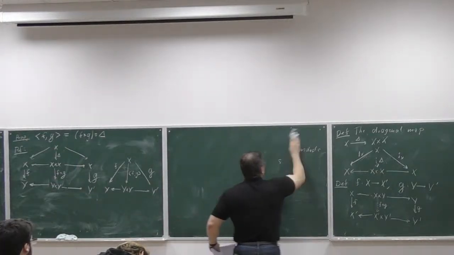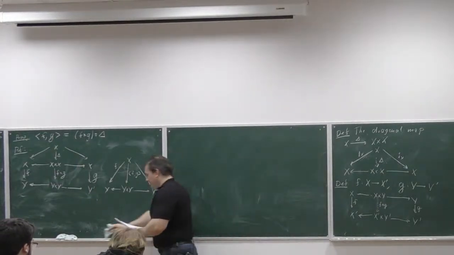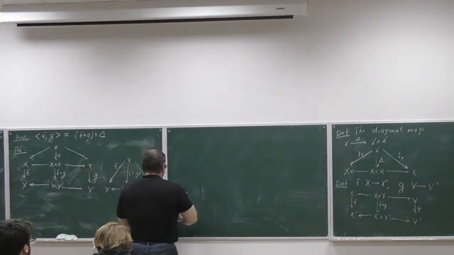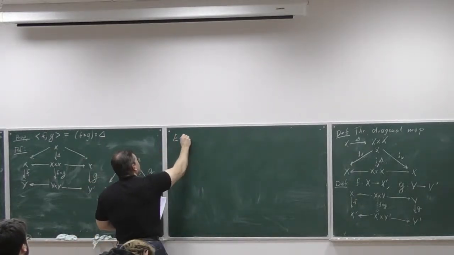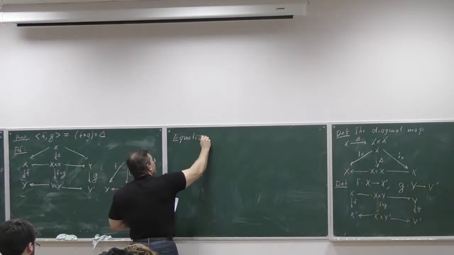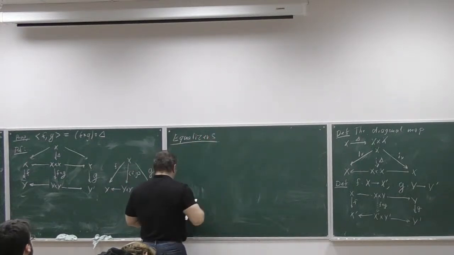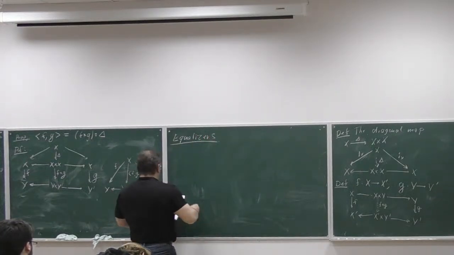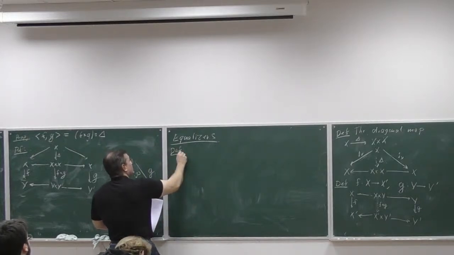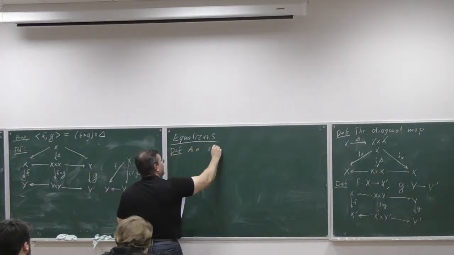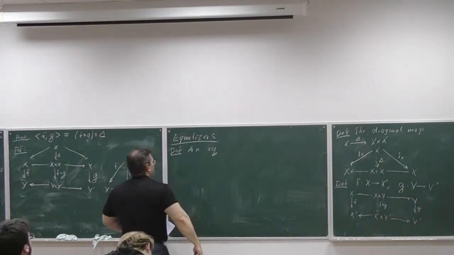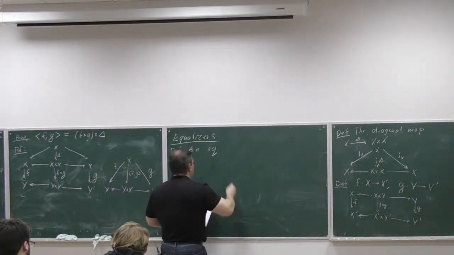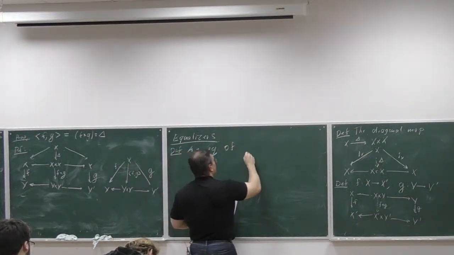Now let's go to the second example. Equalizer. So here, equalizer. Let me for shortness just write EQ for equalizer. So of two maps.